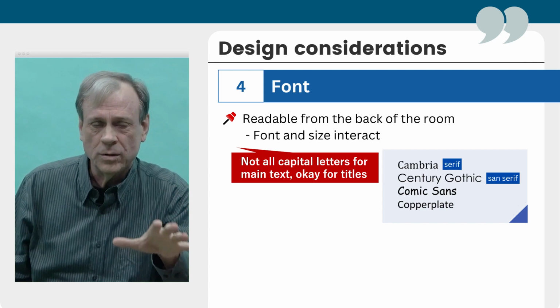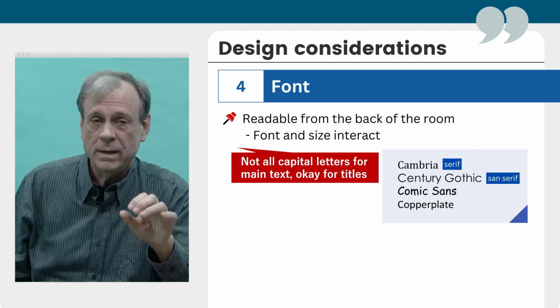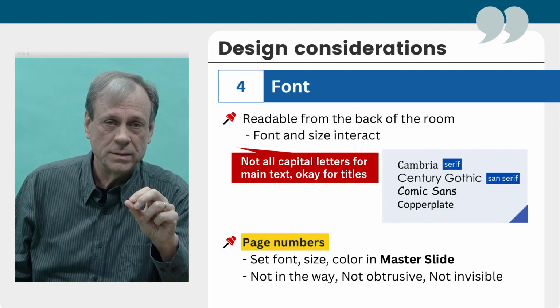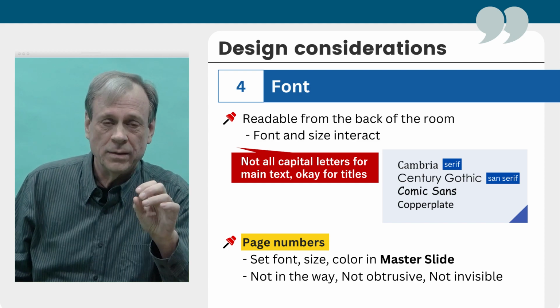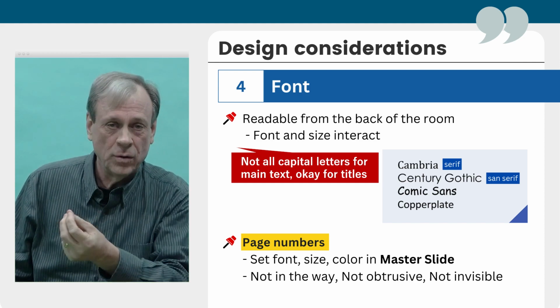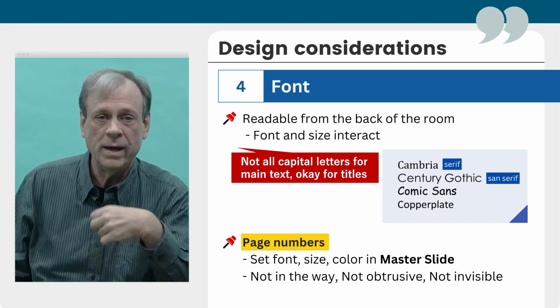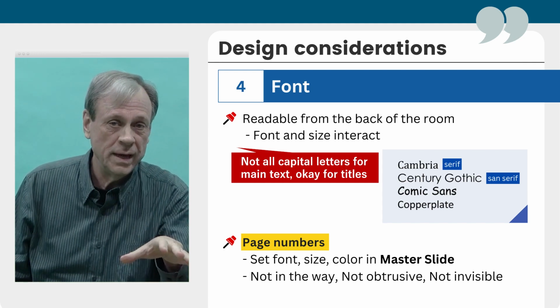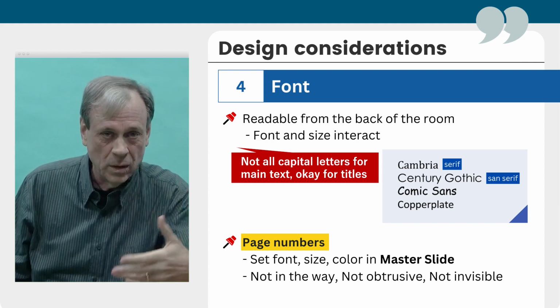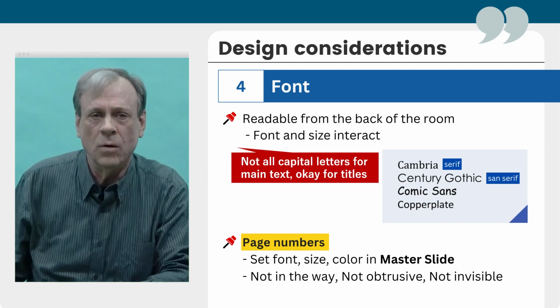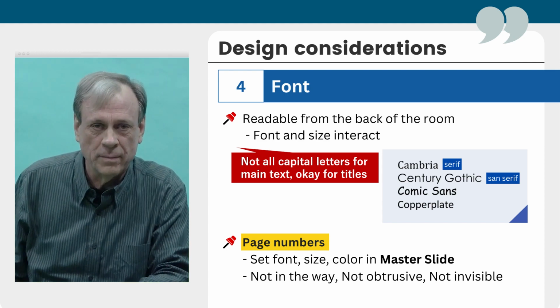So set those on the master slide, and think about, in particular, the page numbers, the slide numbers. If you change that on the master slide, you could put it in a place that's out of the way, not going to interfere with your text. It's large enough that people can read without being overly large, overly dominant.